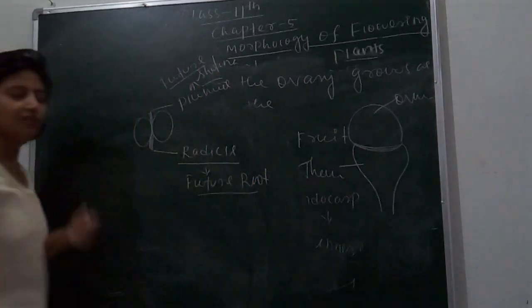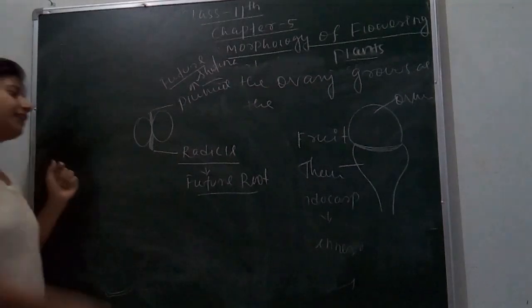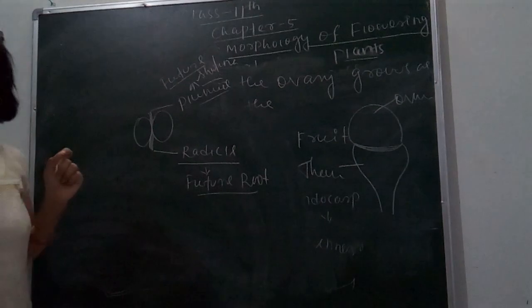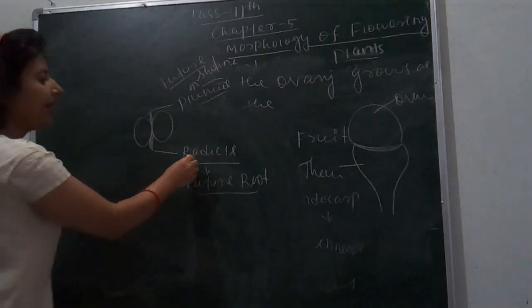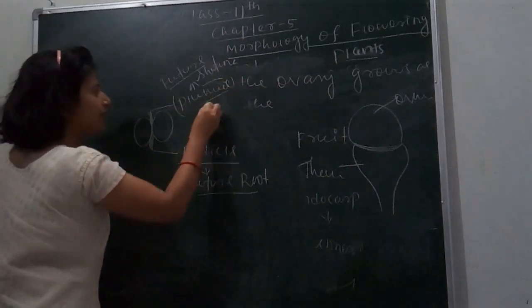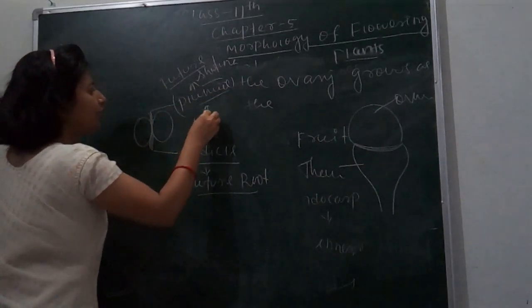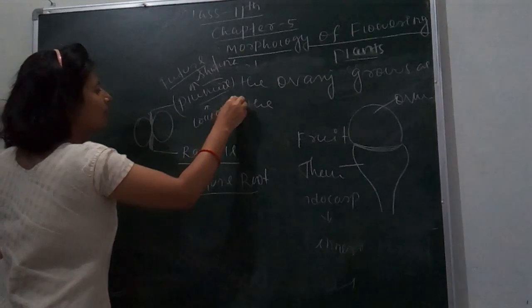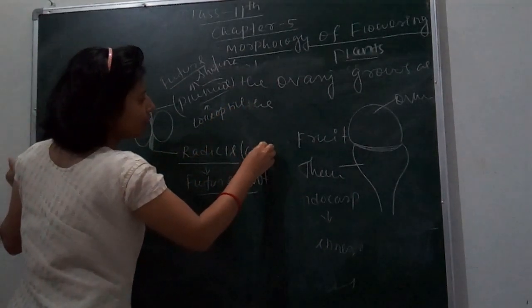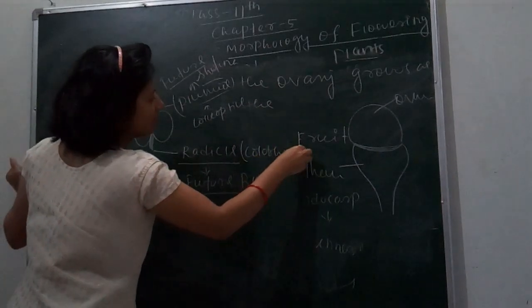But when they are present inside a seed, they are protected by the coleoptile and coleorhiza. The plumule is protected by the coleoptile and the radicle is protected by the coleorhiza. Clear?